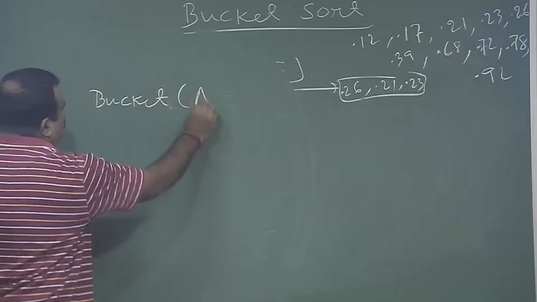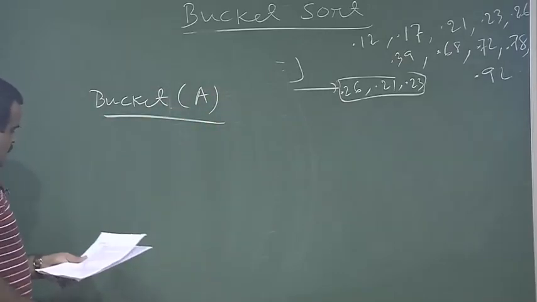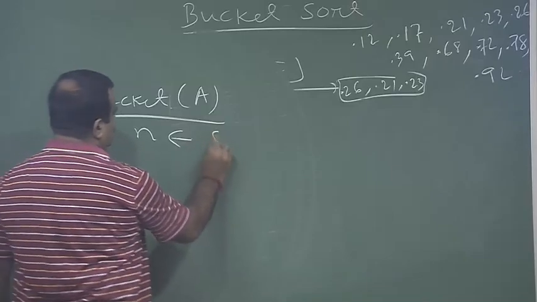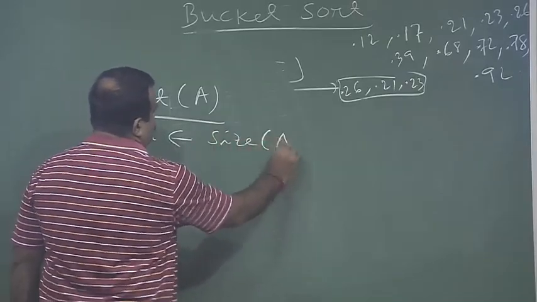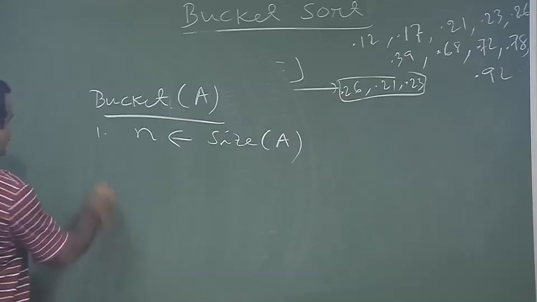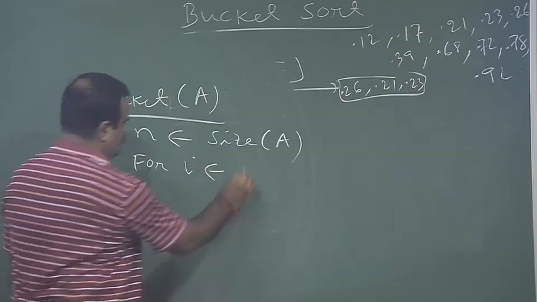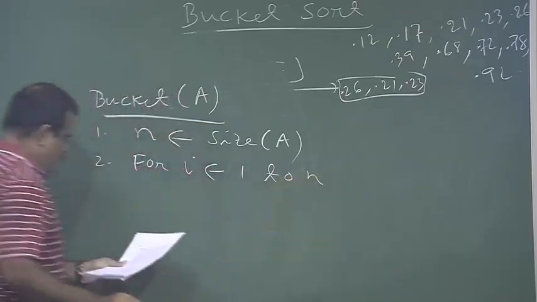Bucket sort. So, what we do: n is equal to the size of the array, the number of elements. And then for the bucket filling, what are we doing?